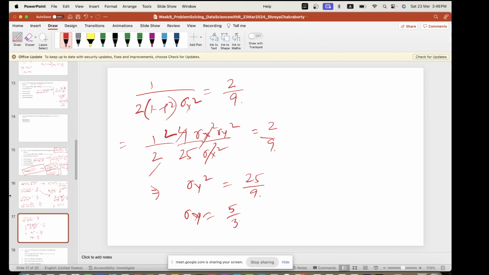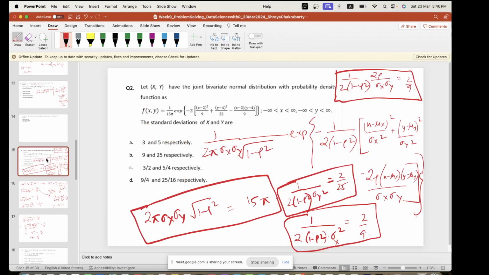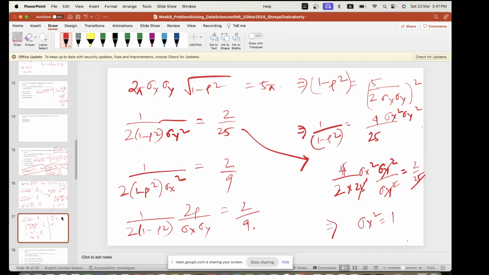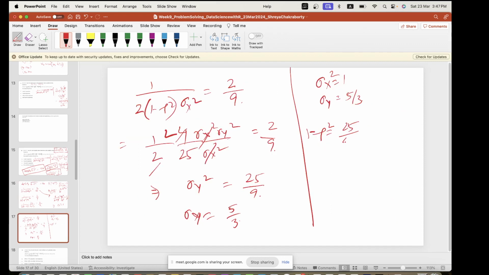Alright, and then rho would be how much? So sigma x was 1, sigma y is 5 by 3. So 1 minus rho square is given by 25 by 4 sigma x square sigma y square.